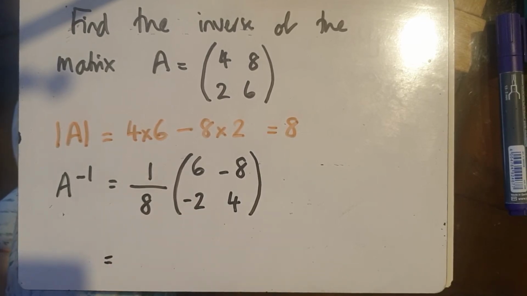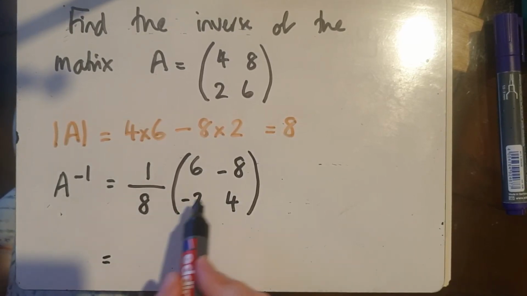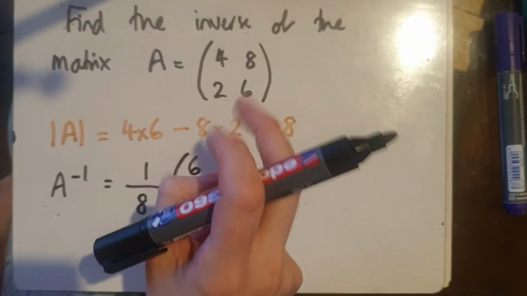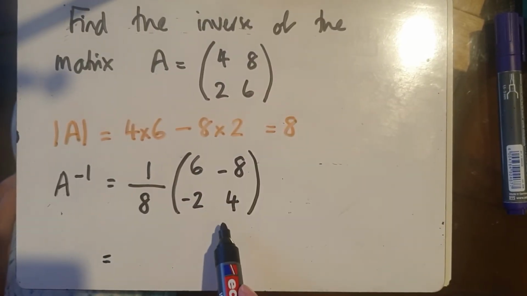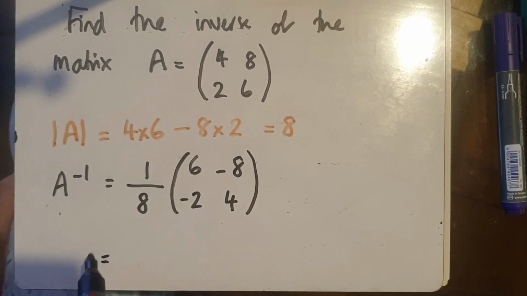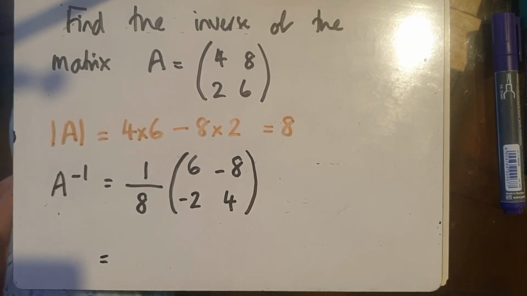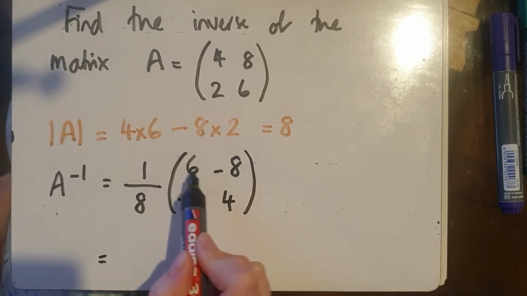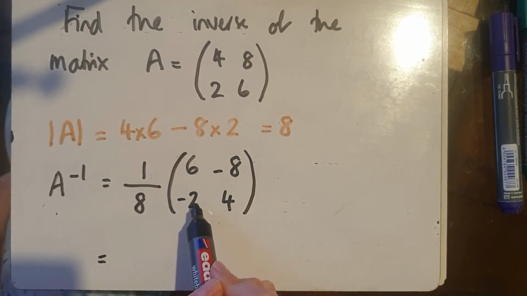Now, you generally do not want a fraction in each of the entries of a matrix. You want to factorize it to some extent. However, we also want to simplify it as far as possible. All of these have a factor of 2.